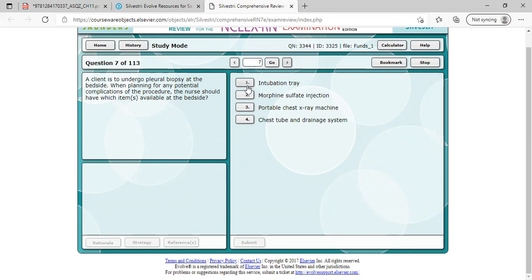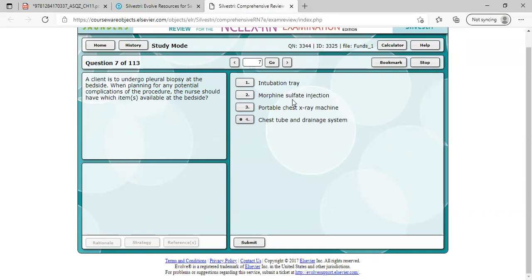So the first option: intubation tray, morphine sulfate injection, portable chest X-ray, and chest tube and drainage system. Because the patient is undergoing pleural biopsy at the bedside, if any complications start, we give them a chest tube and also a drainage system.